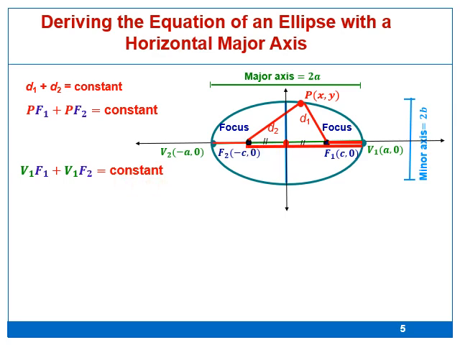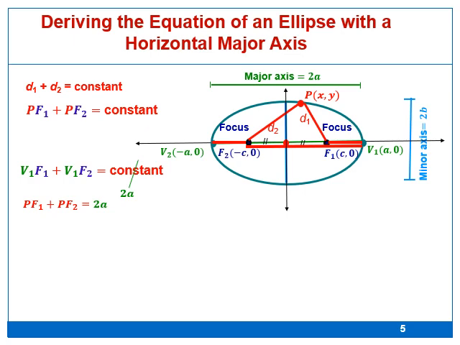From the symmetry of the shape, V1F1 is equal to V2F2, so this total length is 2a. Accordingly, the constant is equal to 2a. So PF1 plus PF2 is also equal to 2a.